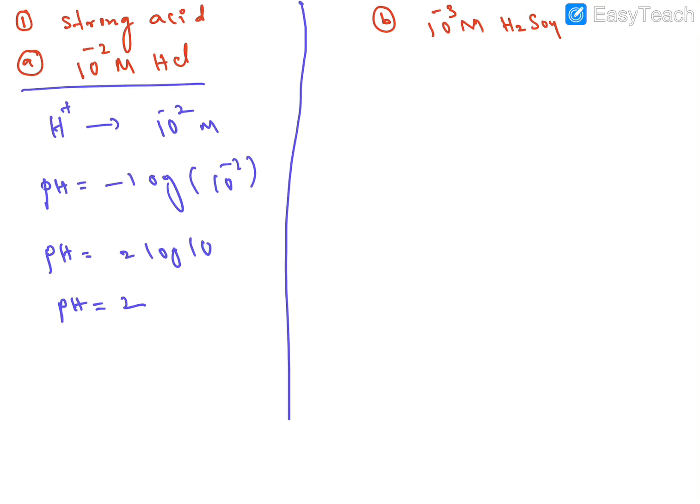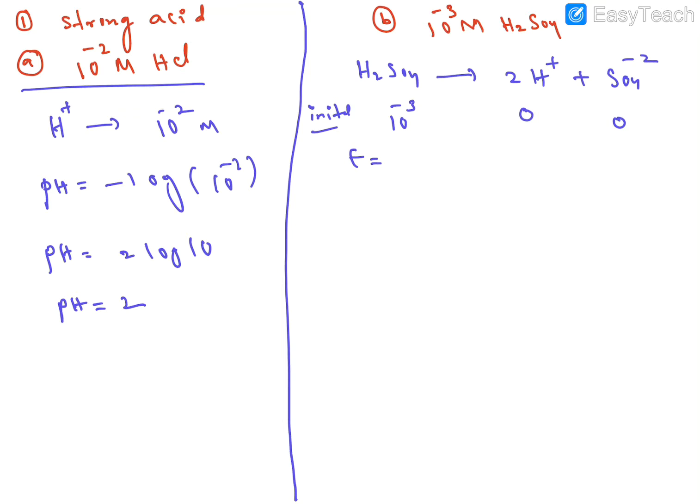And next one, 10 to the power of minus 3 molarity of H2SO4. Here the H2SO4, a strong acid, dissociates into 2 H plus ions and SO4 minus 2. What is the initial concentration here? The initial concentration is 10 to the power of minus 3, and 0 and 0.